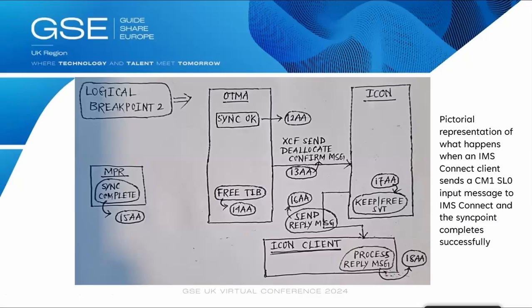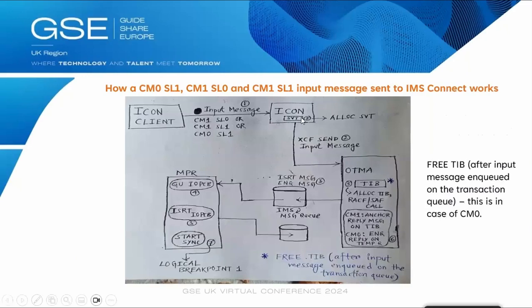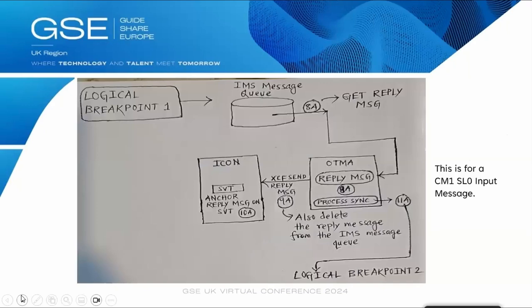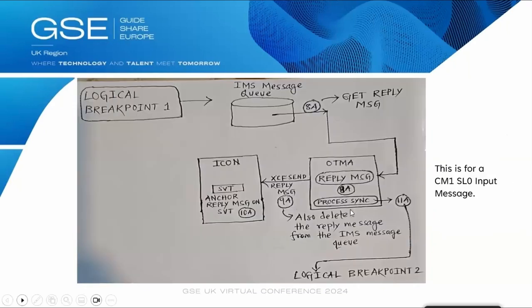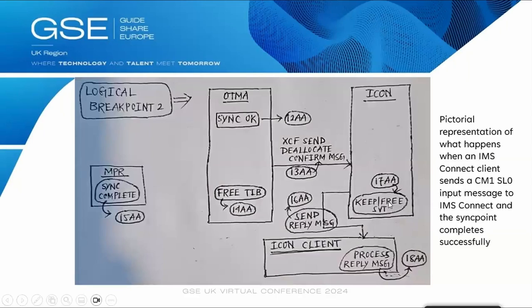So remember on the first slide, I said that the SVT control block is created if it does not already exist. Now you will probably understand why I had said if it does not already exist, right? So if a persistent socket is in use, then IMS Connect will keep the connection open and it will not free the SVT control block.